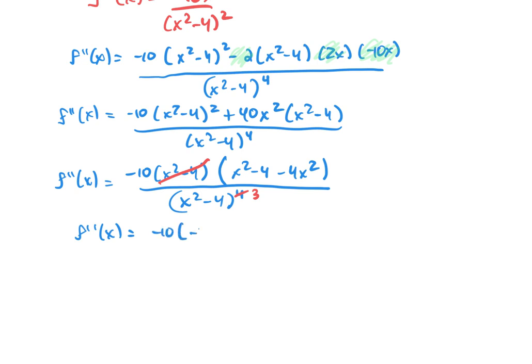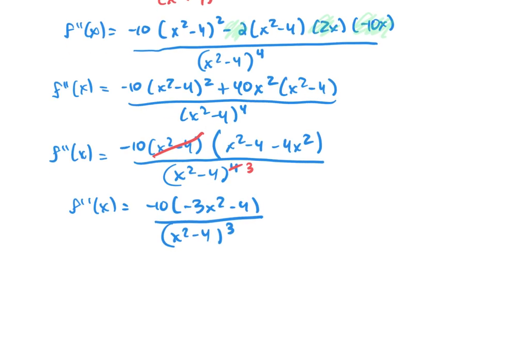And then on the inside there, you get negative 3x squared minus 4 all over x squared minus 4 to the third. Now what I would go ahead and do is leave that 10 on the outside because when you distribute it, you're just going to have to factor it out again anyway when you set it equal to 0. So that's just going to disappear when you set the top equal to 0 anyway.